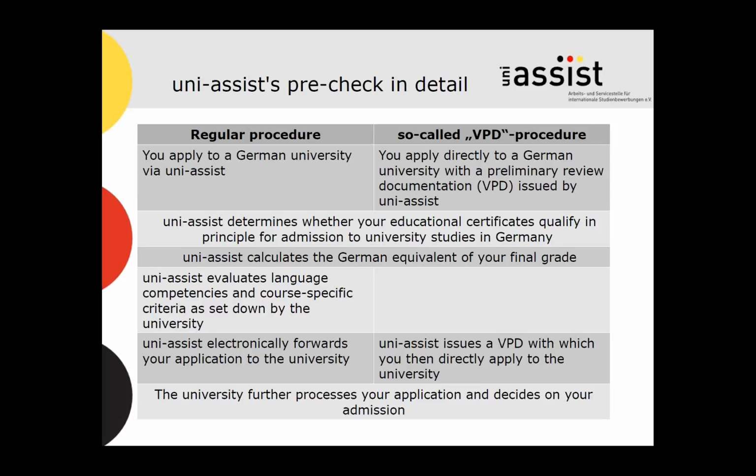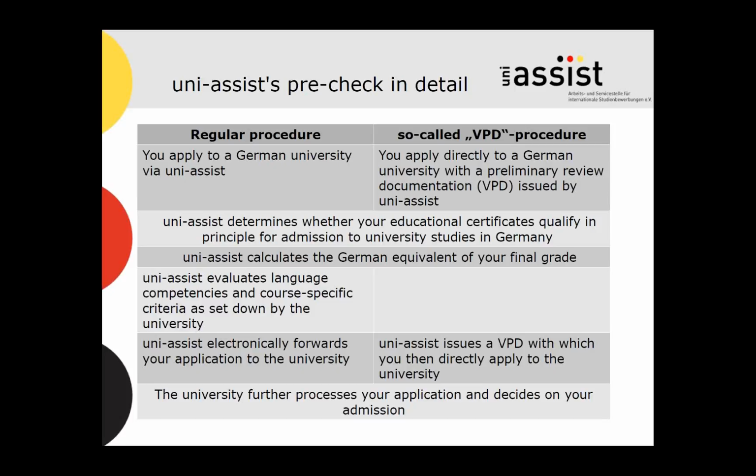In both cases, we calculate the German equivalent of your final grade. Now, here's the difference. In the regular procedure, Uni-assist evaluates language competencies and course-specific criteria as set down by the university. This is usually not the case in the VPD procedure, where we only determine educational certificates.